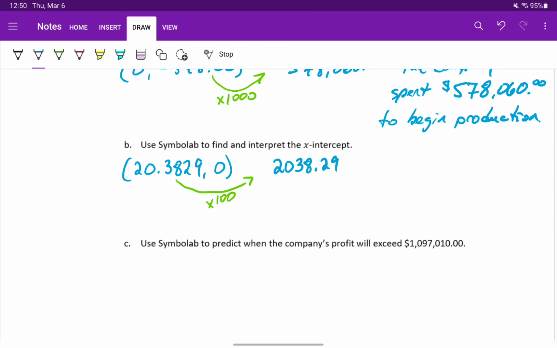In part B, we're given a y value of 0, which means our profit is equal to 0. When our profit is equal to 0, that means we're breaking even. Our revenue equals our cost.